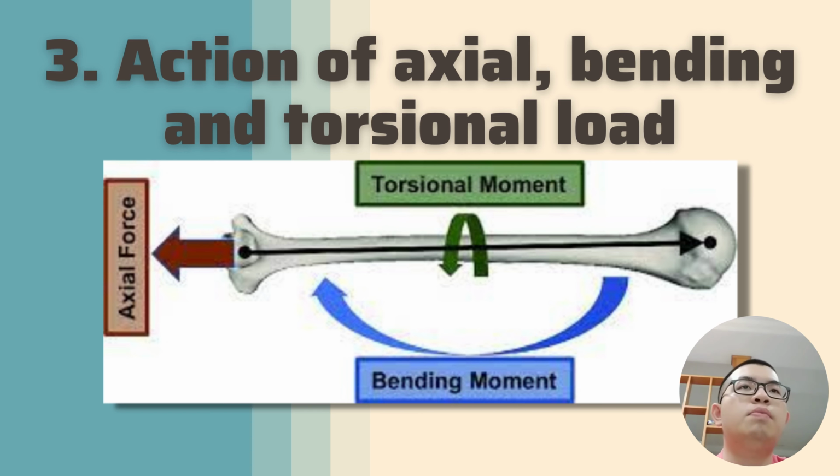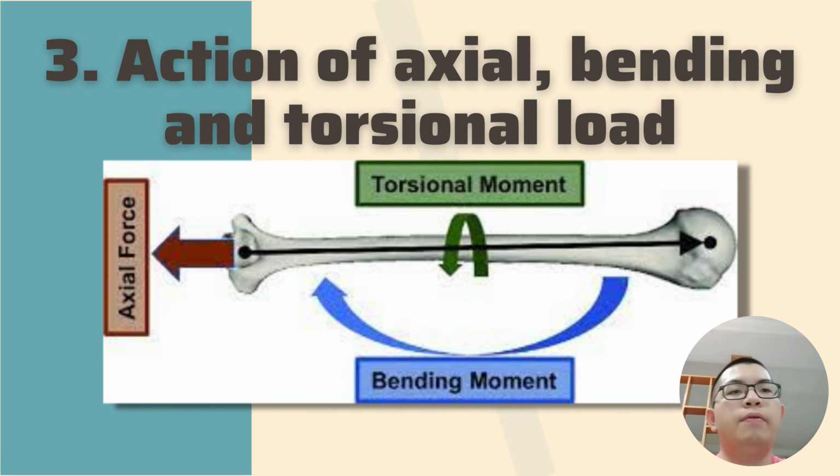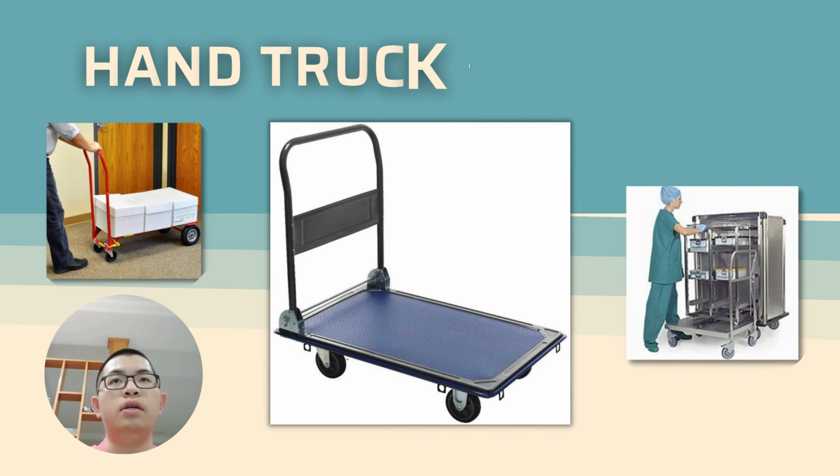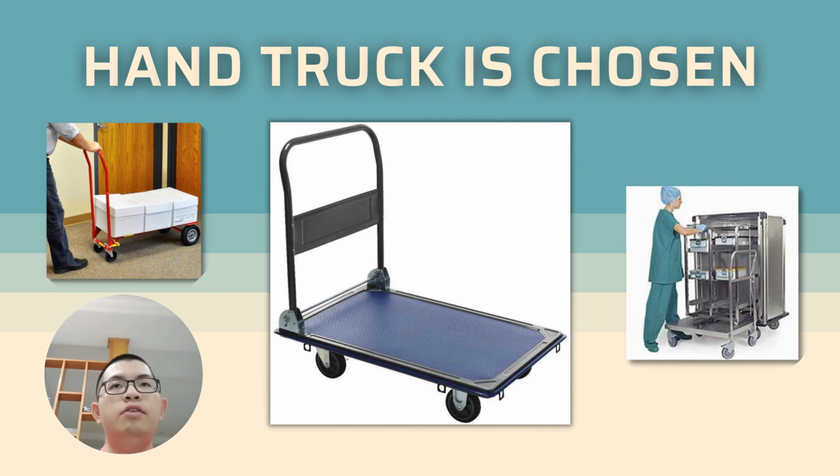Therefore, an experiment is conducted to find a real-life example that can be used to show and describe one of the learning outcomes in KIB1011, Statics and Mechanics of Material. In this experiment, the hand truck is chosen as the real-life example to explain the action of axial, bending, and torsional load.